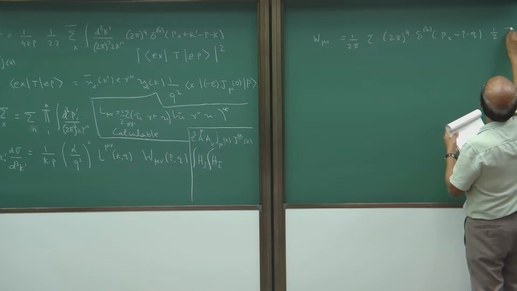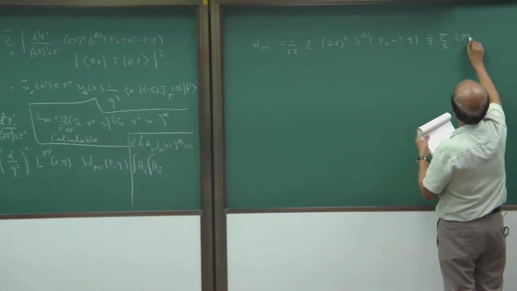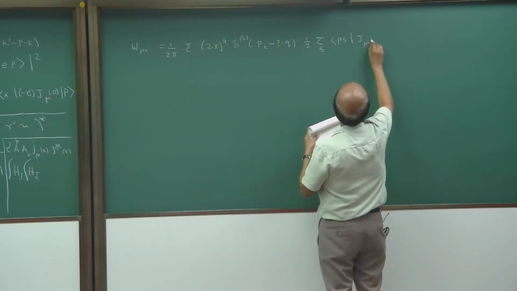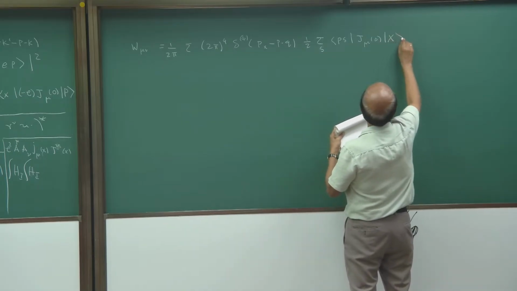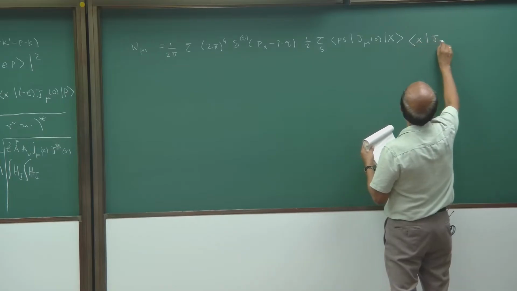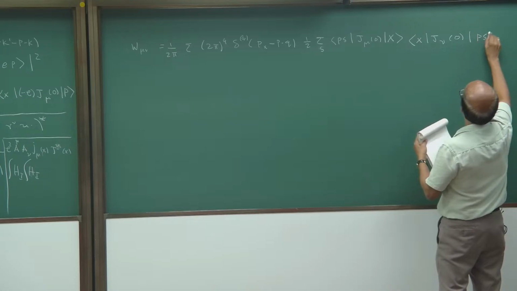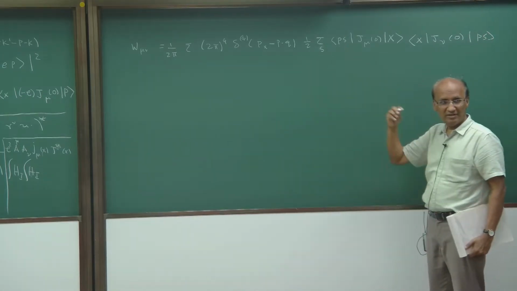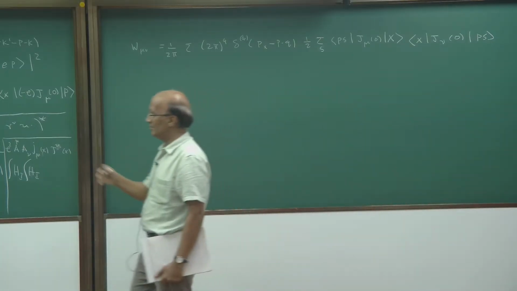Times the sum over spin of the proton, this is ps, j mu of 0, this is x, times x, ps.